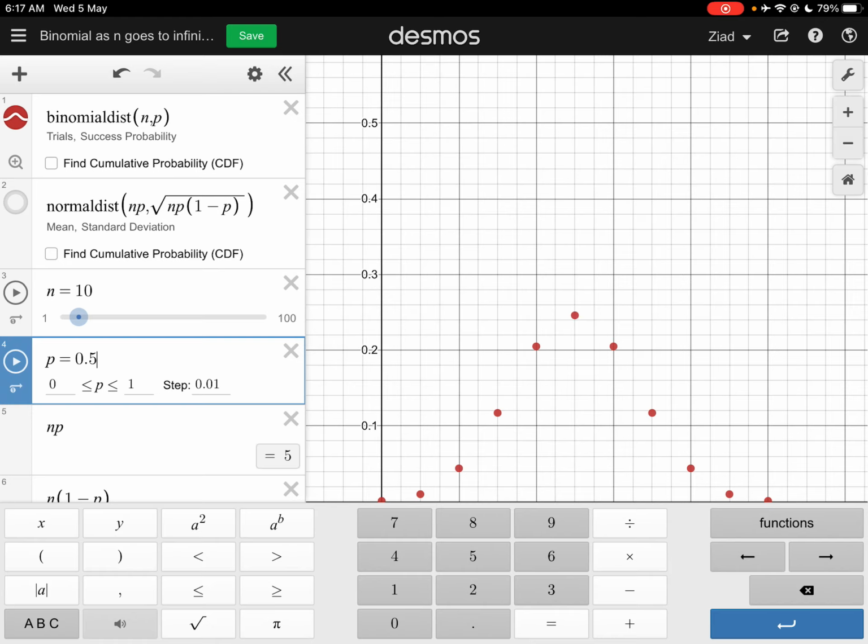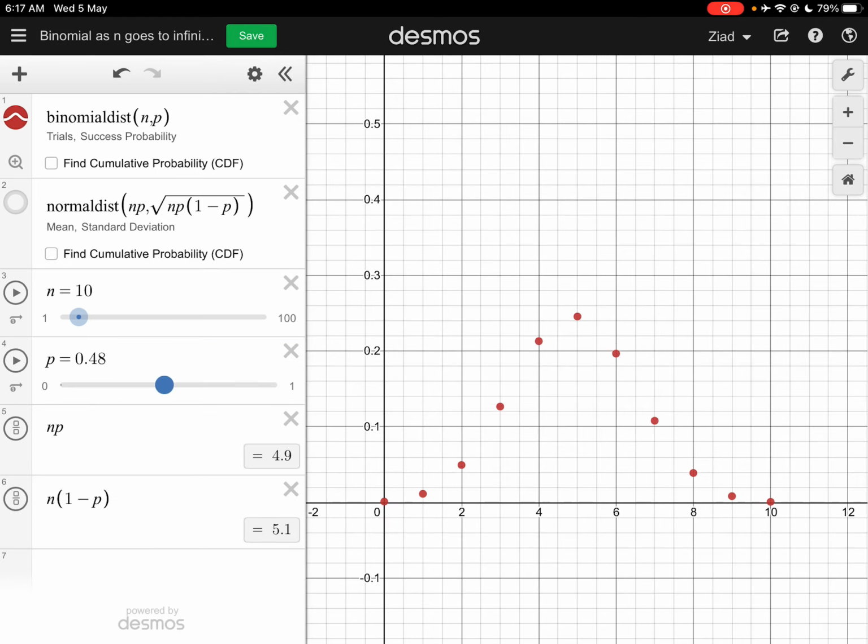And as p goes down or up from 50%, it becomes skewed. So if p is less than 50%, it's skewed like this, and if it's more than 50%, it will be skewed like this. Okay, so now keep it at 50. We reached 5, and we saw that the normal distribution is a very good approximation.